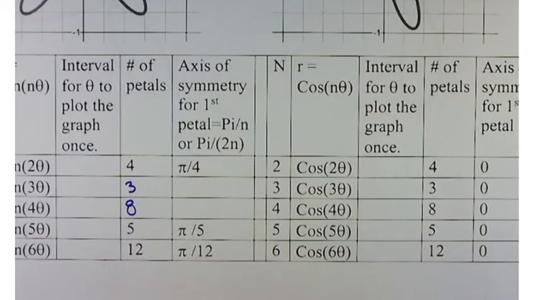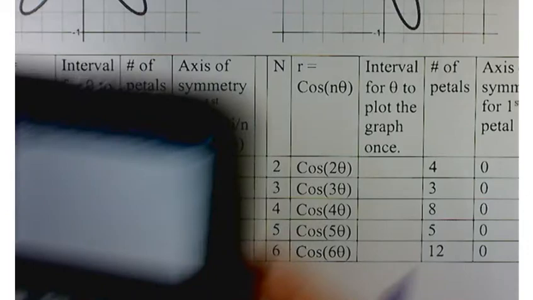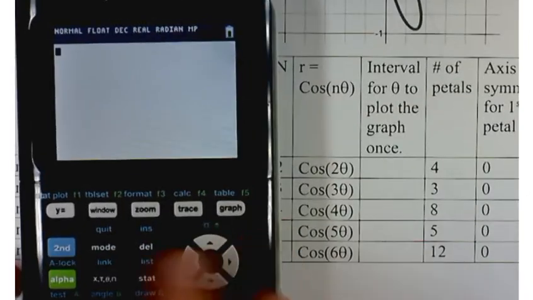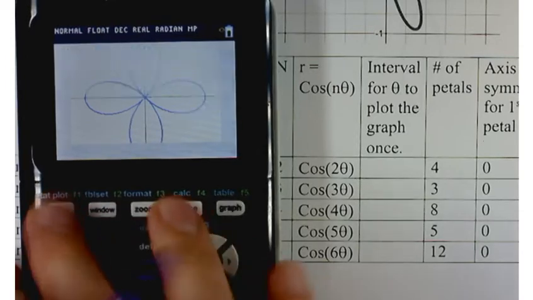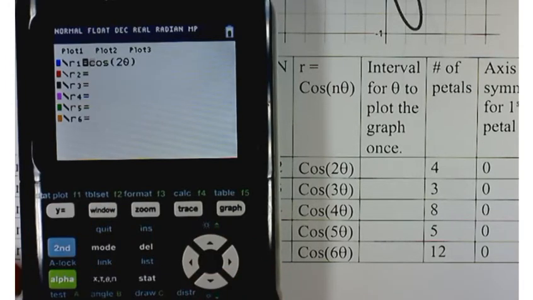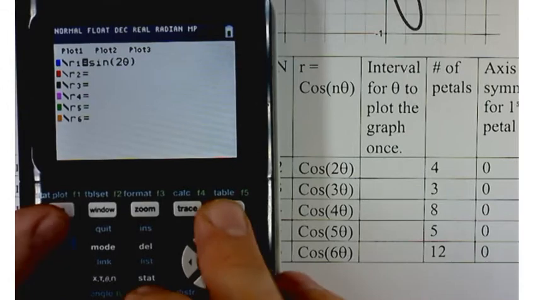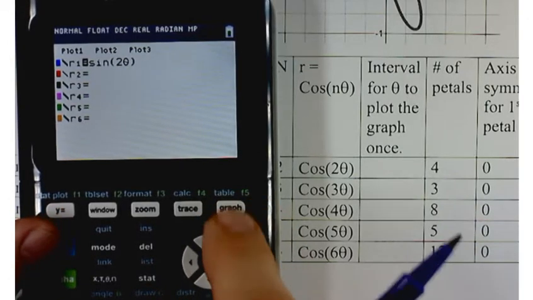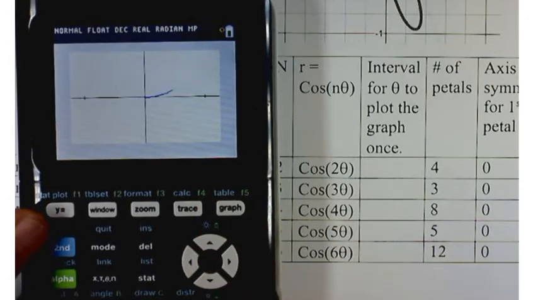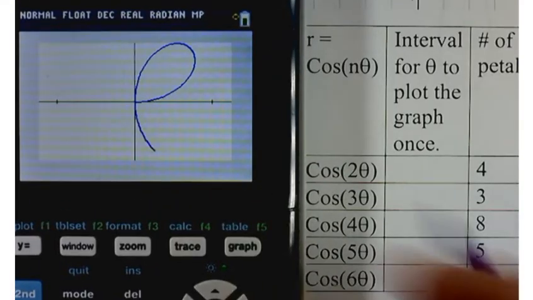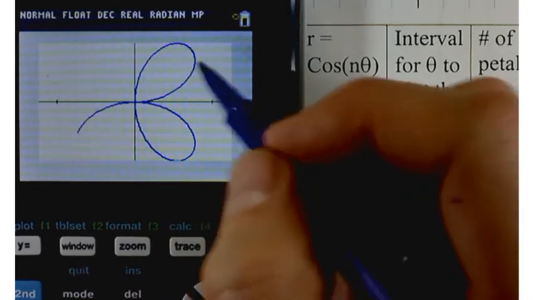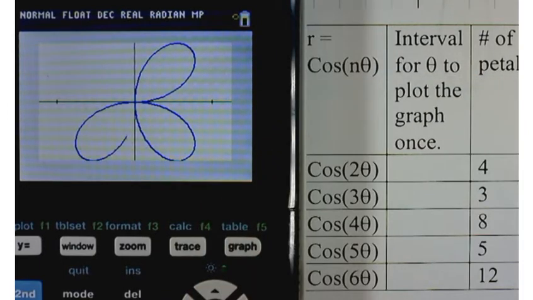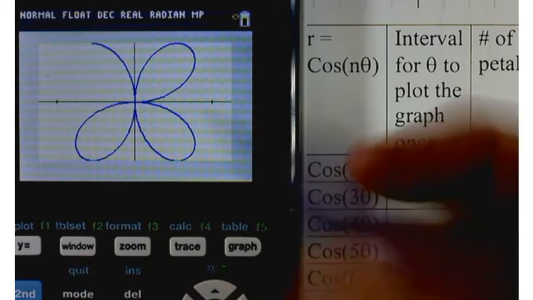Well, we'll find out. Let's do it this way. Let's go back to the sine. And you can kind of help yourself if you would. We've got our graph. And what we can do is we can trace it. We can try and figure out, well, where does that point occur? Is it where I think it is? Let's find out. So almost done, almost done.